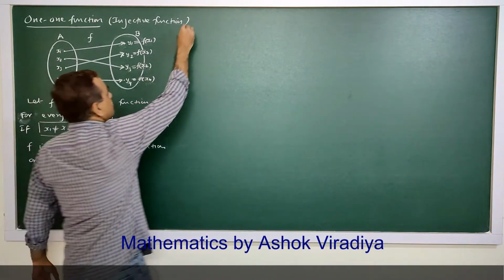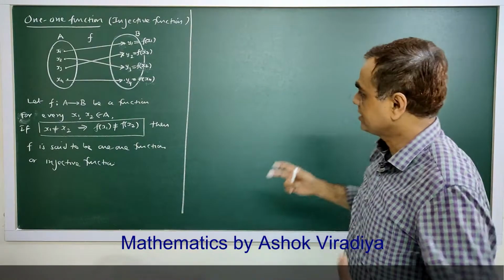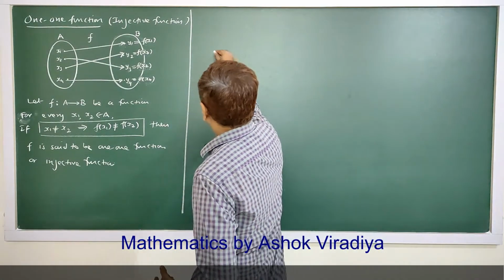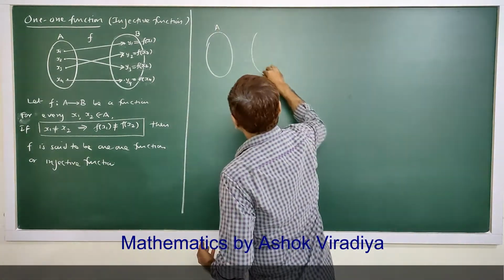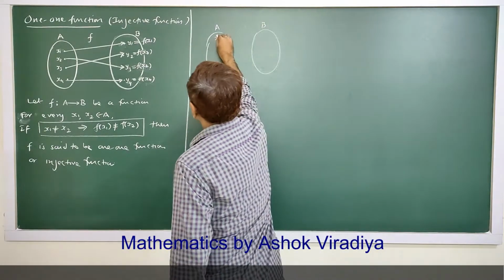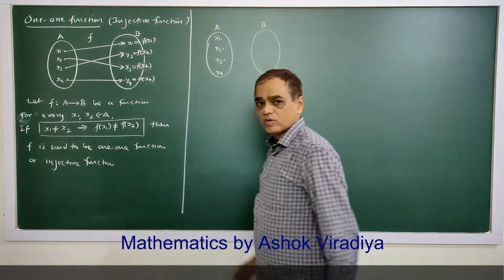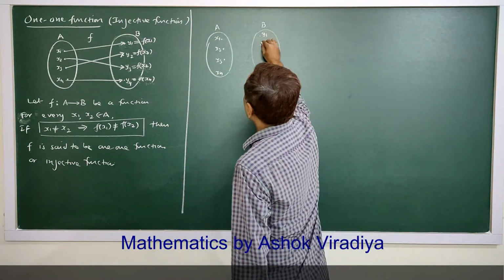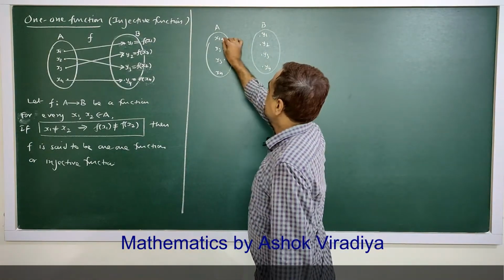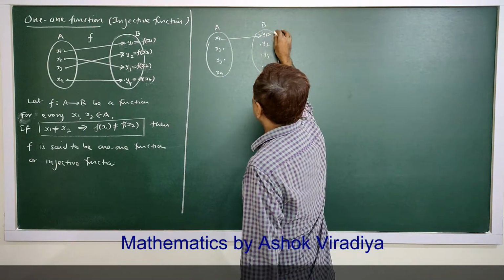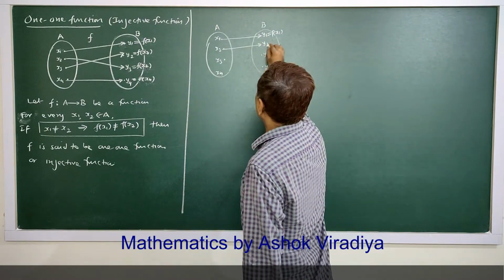Now, if a function is not one-one, then what happens? I am explaining that. Suppose this is A, this is B, with x1, x2, x3, x4 in the domain. Suppose the image of x1 is y1, the image of x2 is y2.